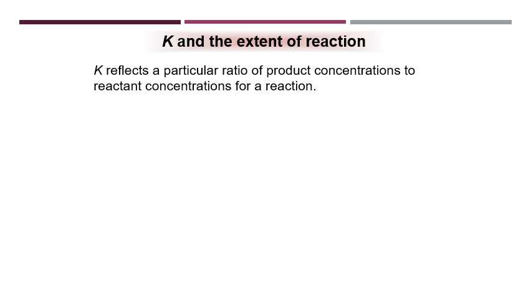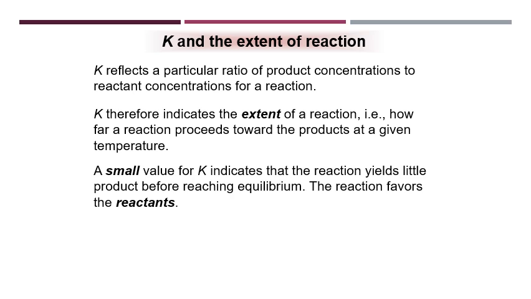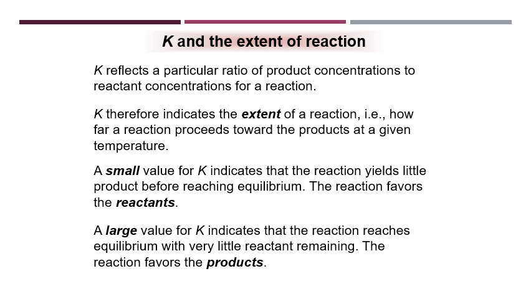So what does the value for K tell us? K reflects a ratio of the product concentrations to the reactant concentrations for a reaction. So as a result, the K will indicate the extent to which the reaction progresses in the forward direction and will tell us how much product will form at a given temperature.